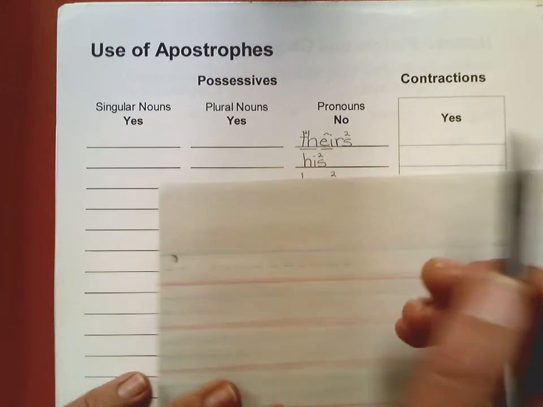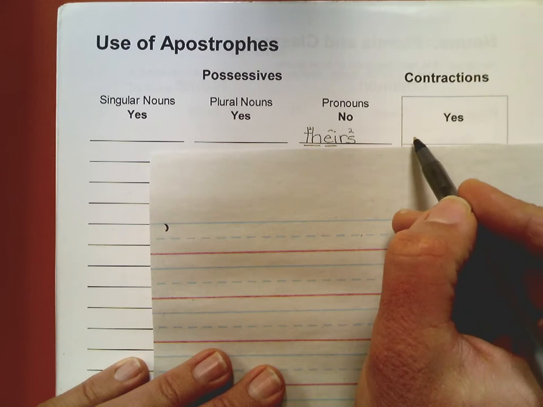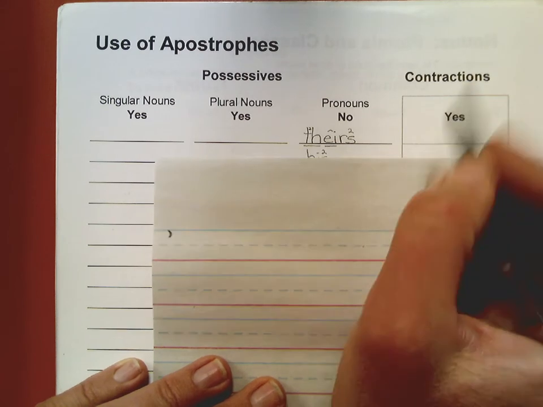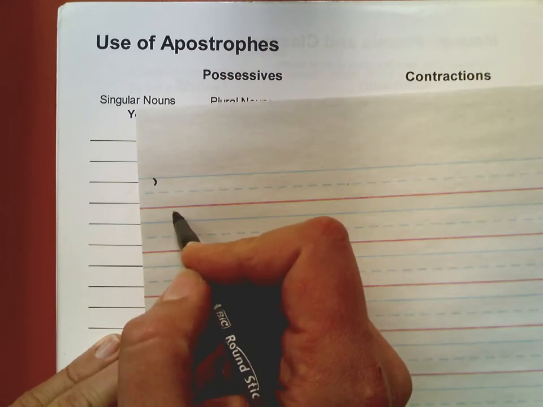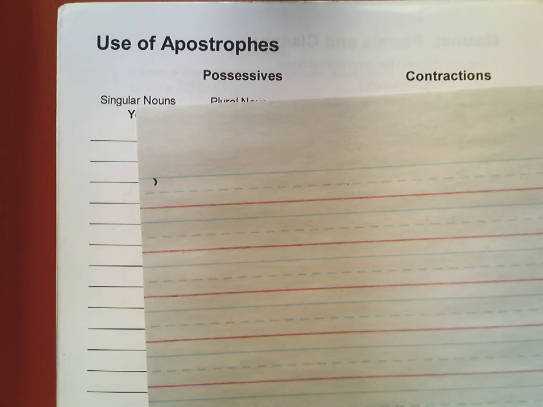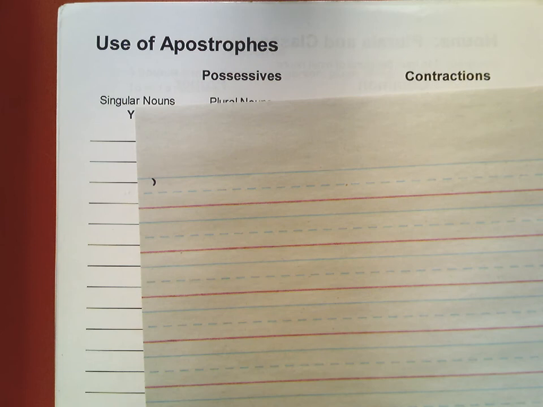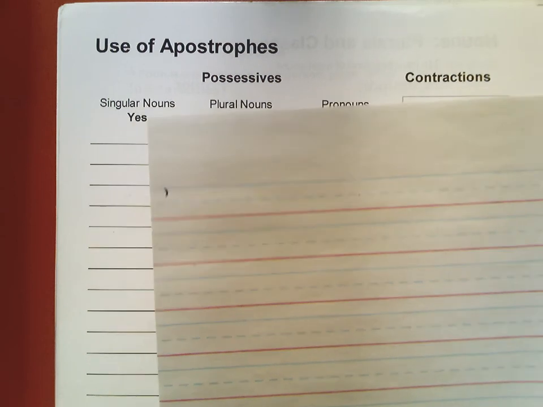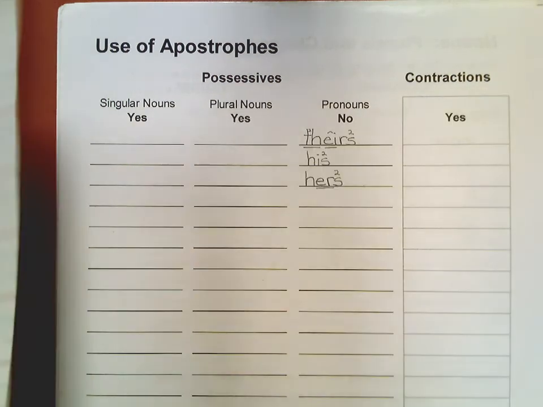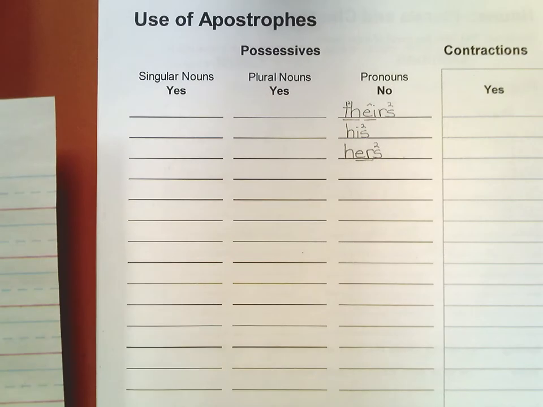All right, so our first contraction, let's do this on our practice paper first, on the other side of yours. So let's start by writing the two words that we make the contraction out of. So first we'll write we are. All right, we are. Go ahead and write that.